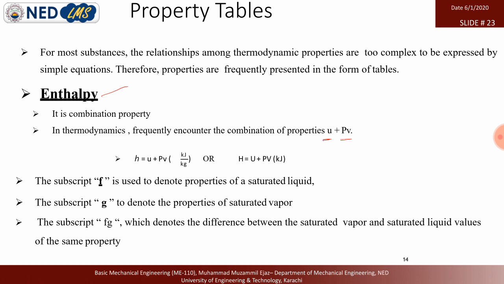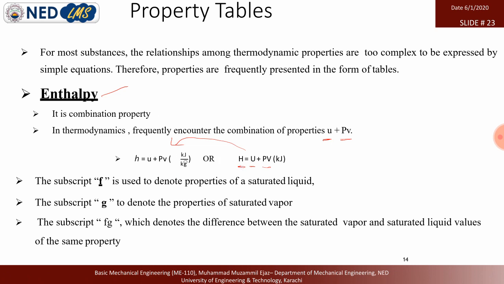Anyway, the formula is so simple. Capital H is enthalpy, U is internal energy, PV is pressure times volume, work. But if we divide all the properties by mass, now they become specific. As we learned in the previous lecture, anything divided by the mass becomes specific, like specific volume and specific internal energy.